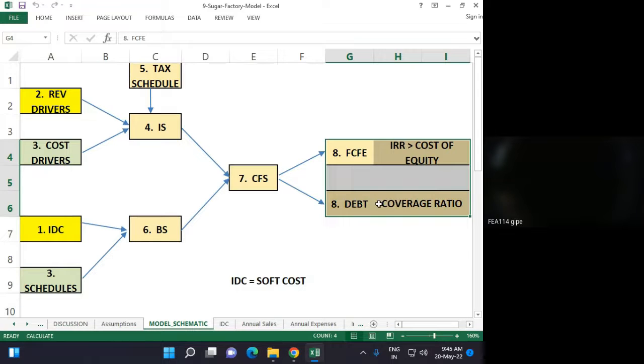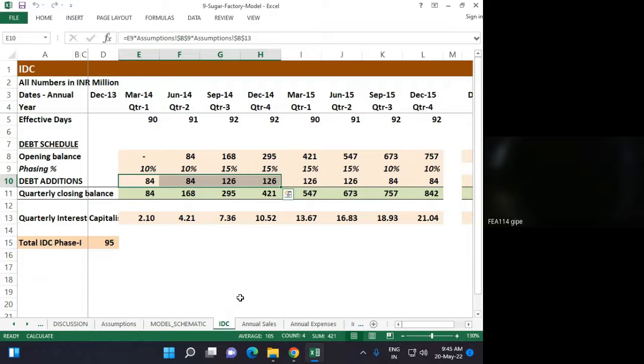So we will look at presenting the case from both perspectives, equity as well as the debt. For the debt, you will need to analyze or present the coverage ratios. We will do that. So last time we started with the IDC and we completed the IDC part.